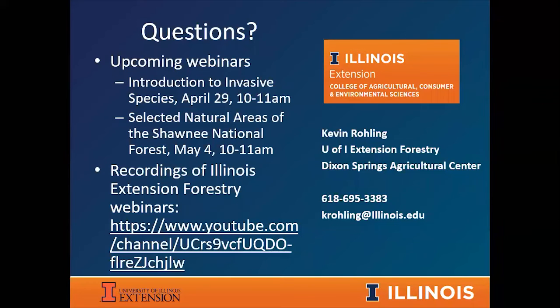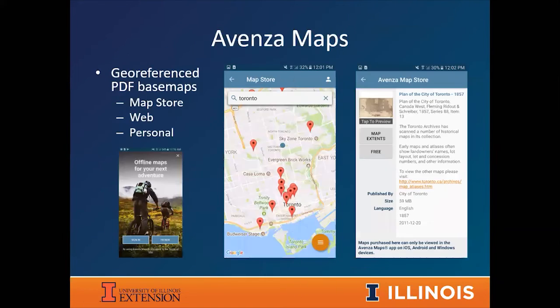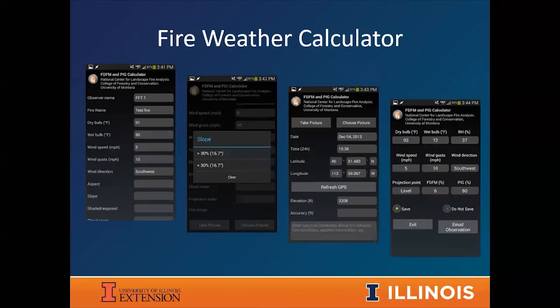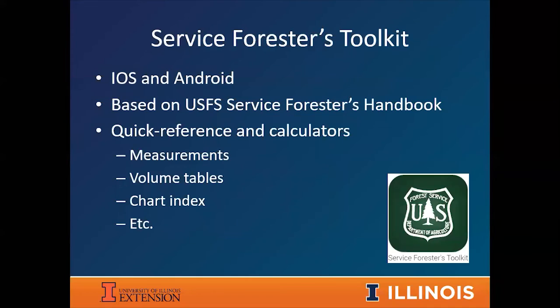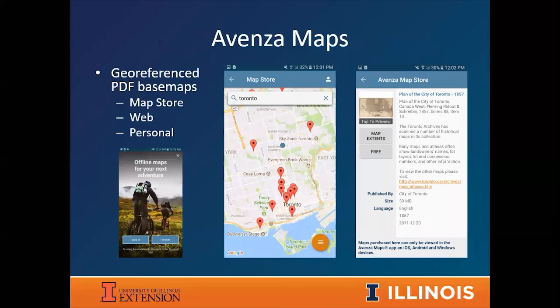Okay, and so moving right along, are all the apps free? No, I tried to mention that at each start. I'm not sure how good of a job I did of that. Most of the ones that I talked about are free or have some free version that might have additional option packages where you might pay for them.